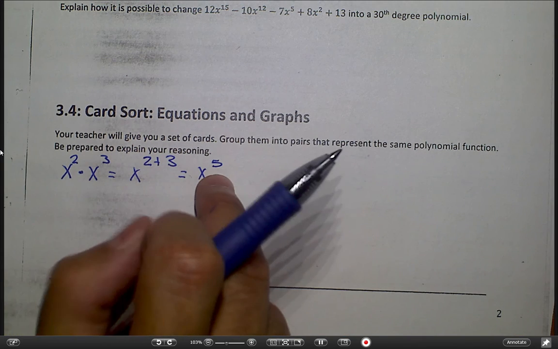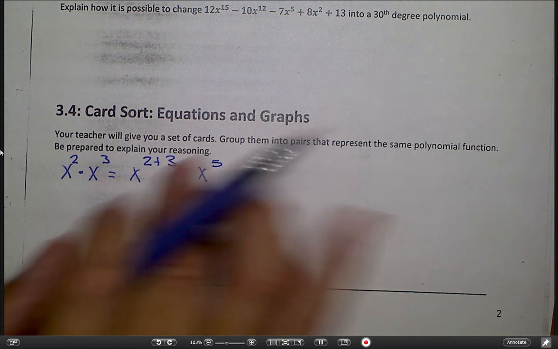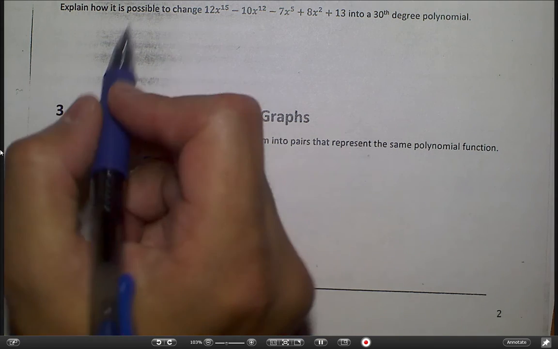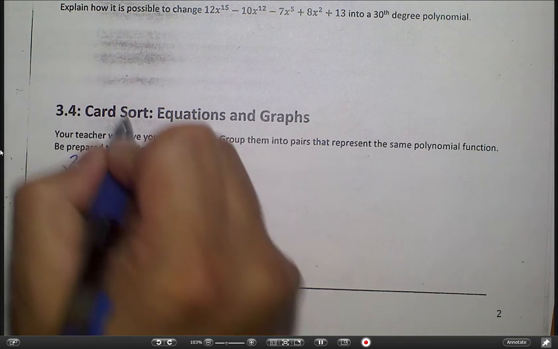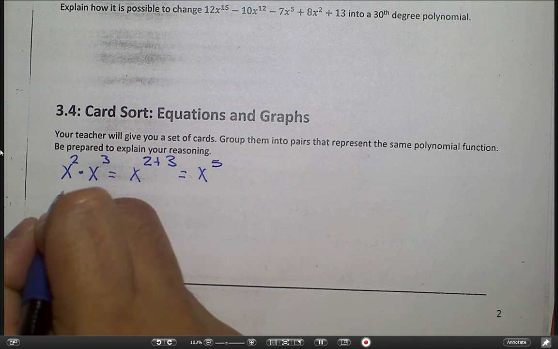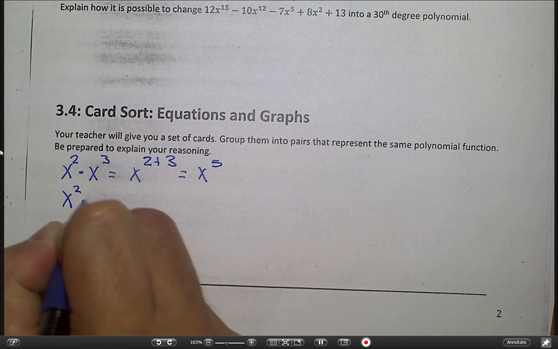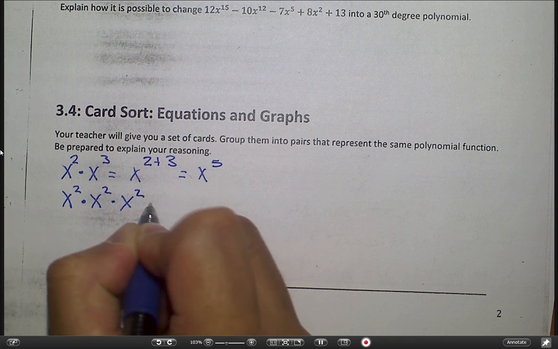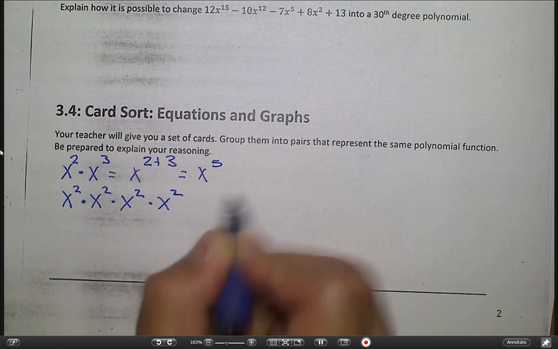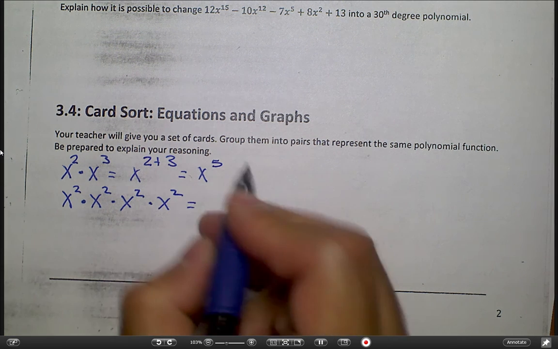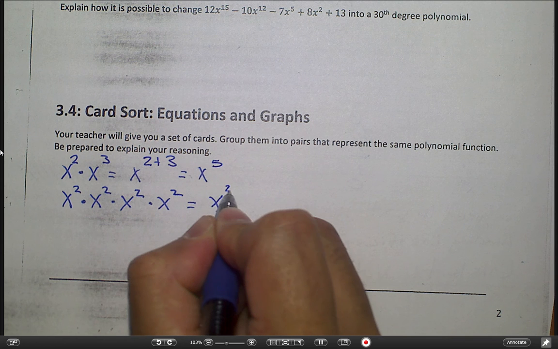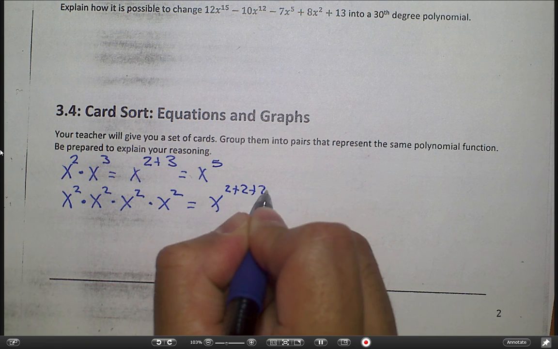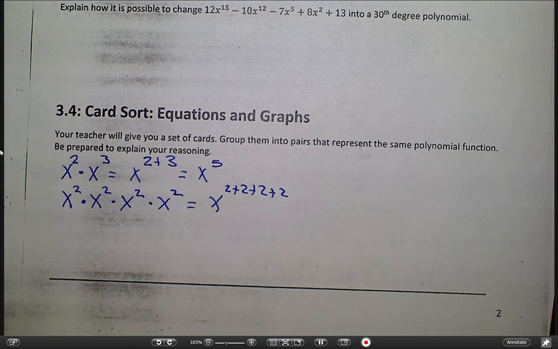Now, if I say it's going to be x squared times x squared times x squared times x squared, that would be the same as saying x to the 2 plus 2 plus 2 plus 2.